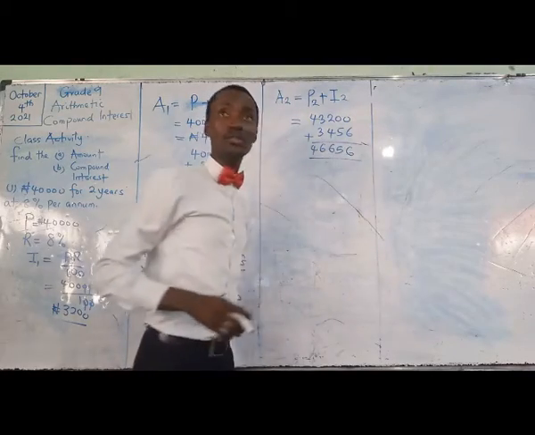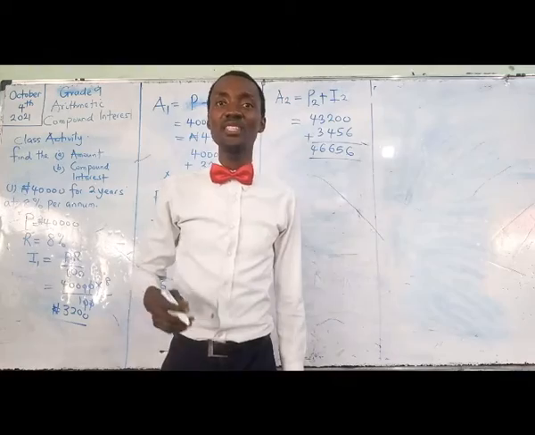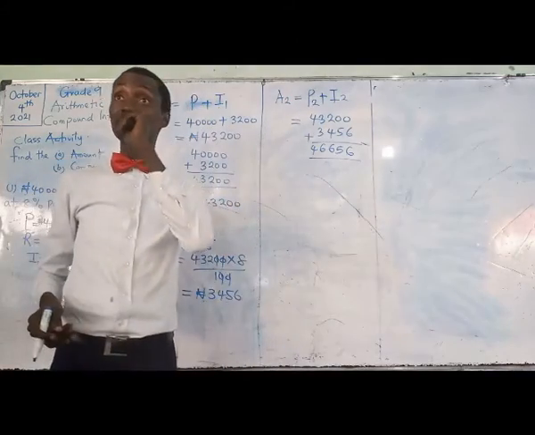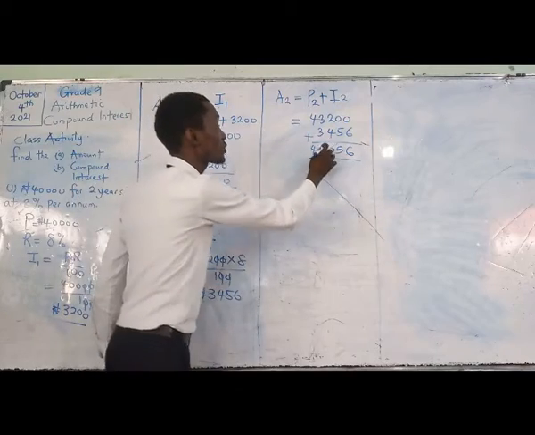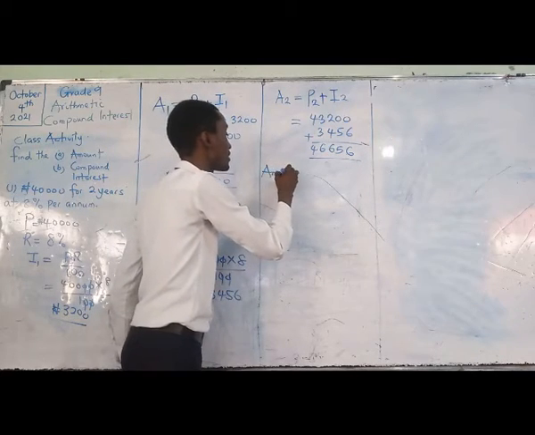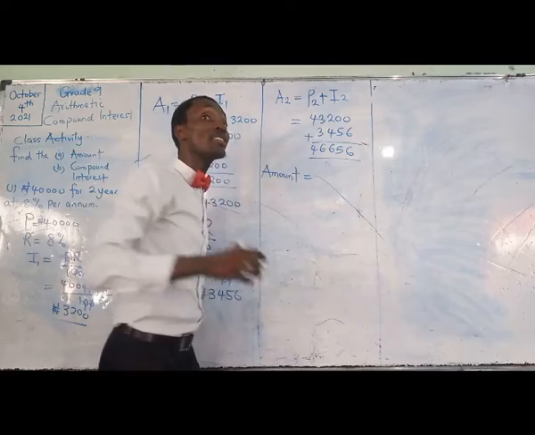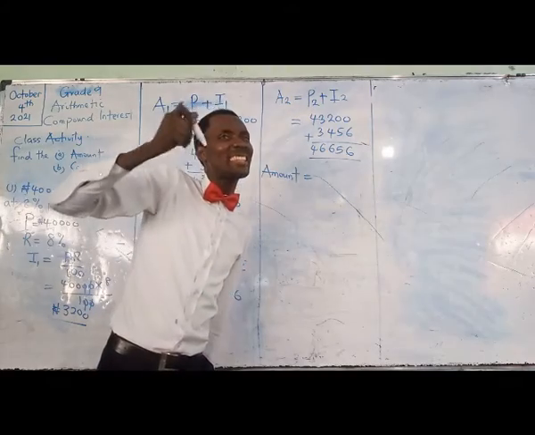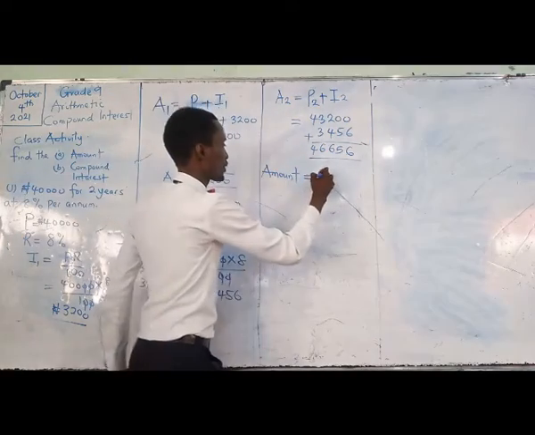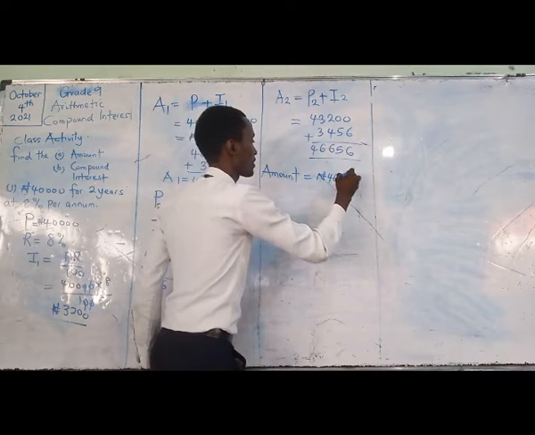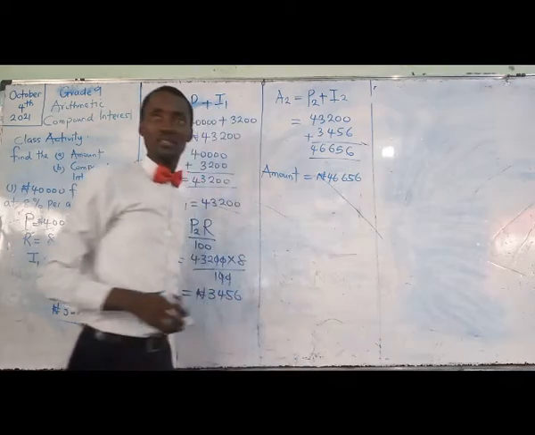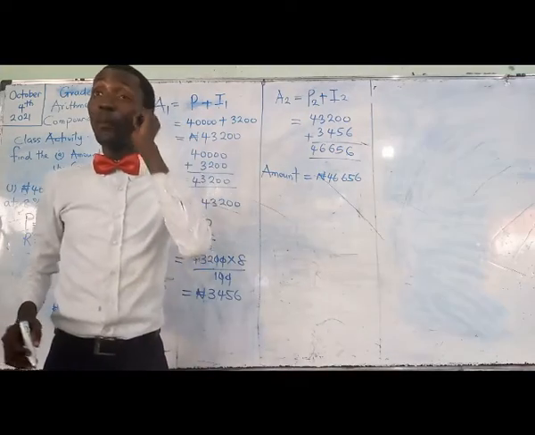So that will be 46,656. That's what you're going to have. So the amount they ask you to look for is actually this amount, which is what you get at the last year: 46,656.